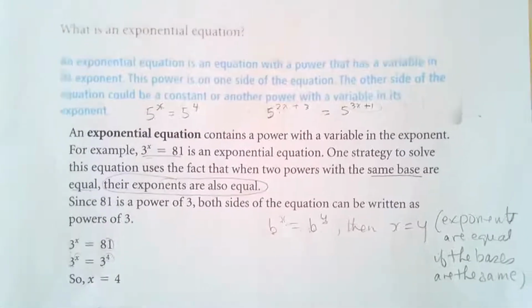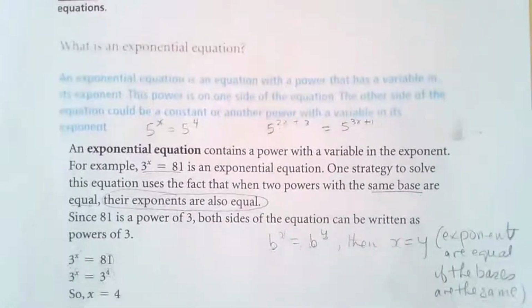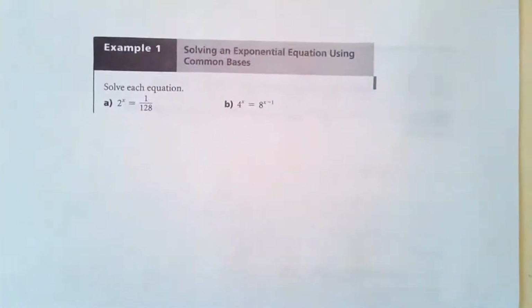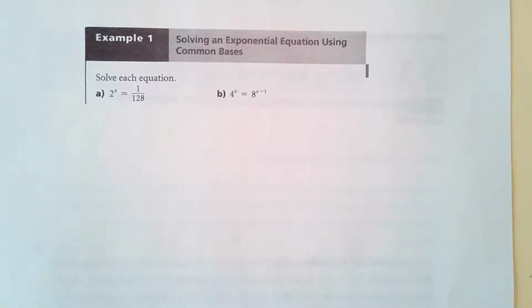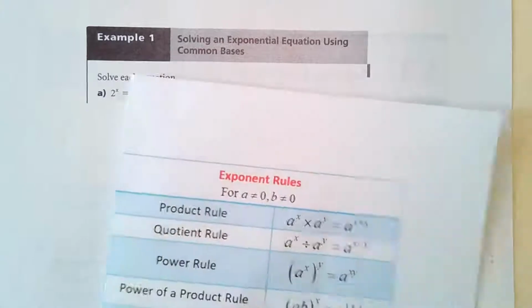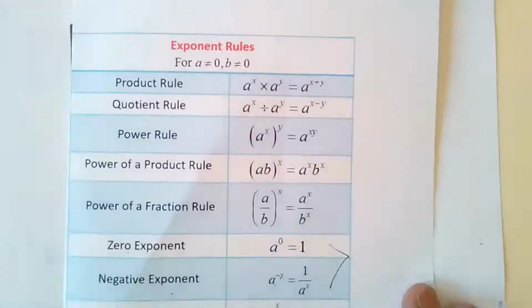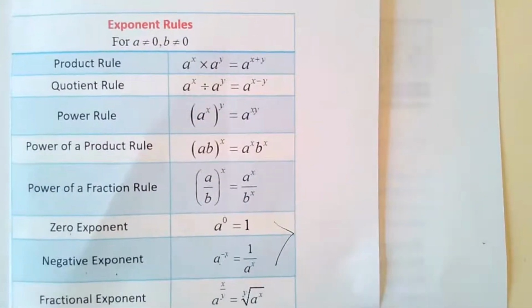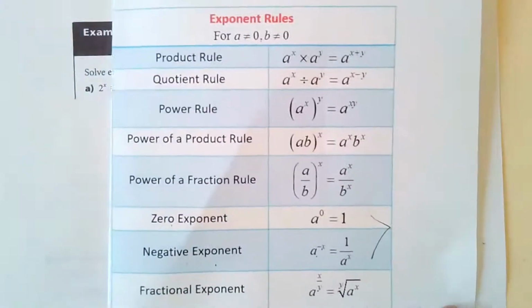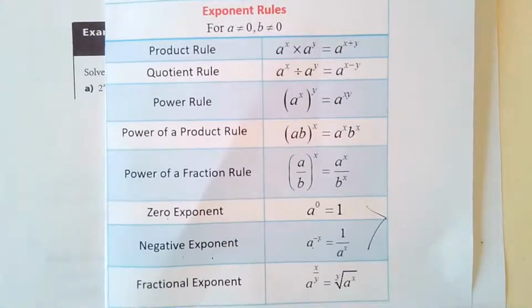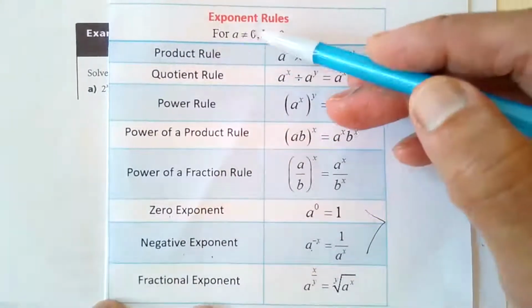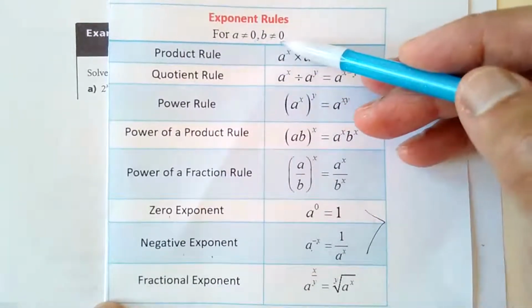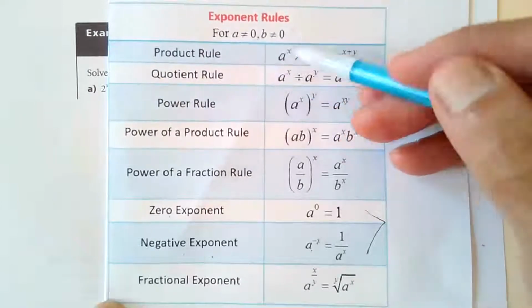Now before we go into some of the examples, the first being example 1 here, let's review our exponent rules. Just remember, for a not equal to 0 or b not equal to 0, the product rule.